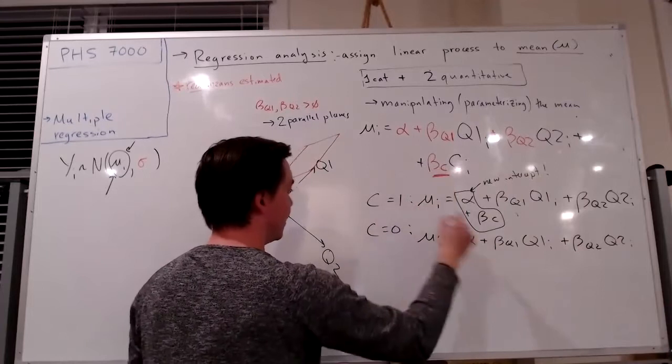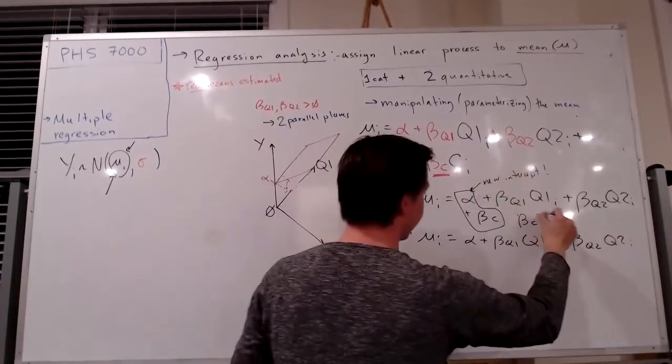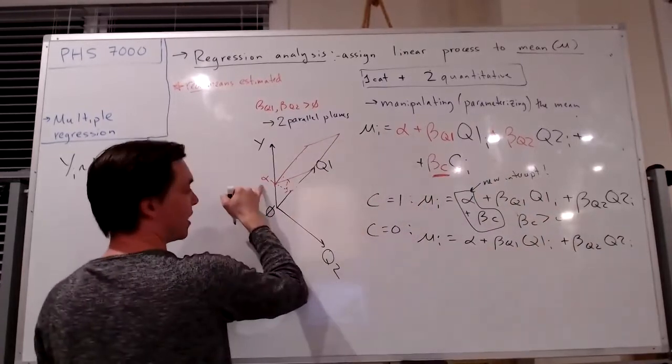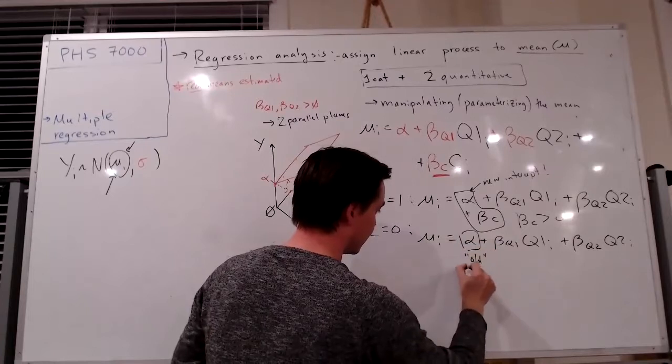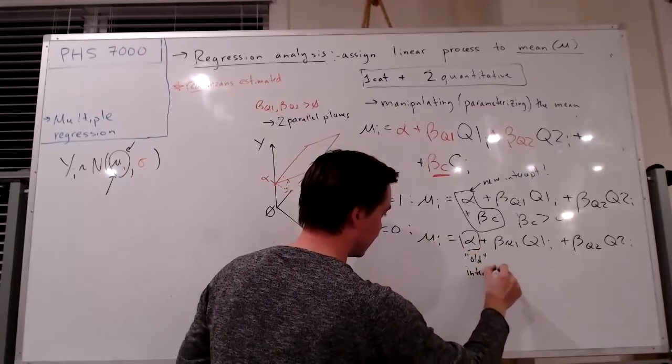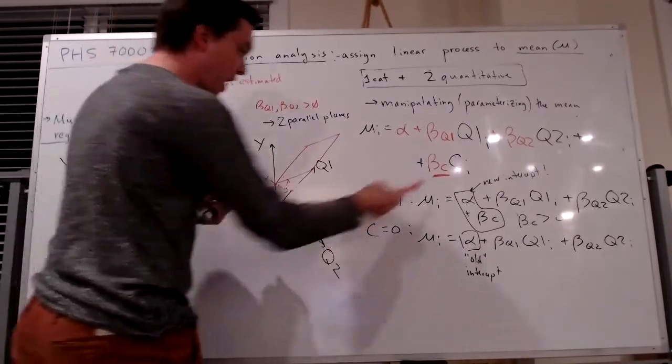So pretend that beta C is greater than 0. Then from my old intercept, I need to shift upwards by this coefficient.